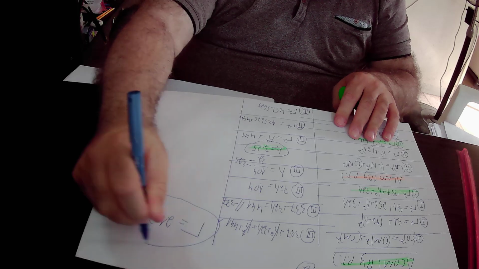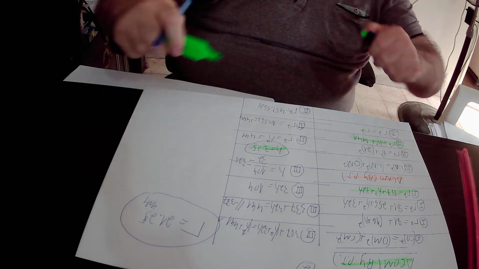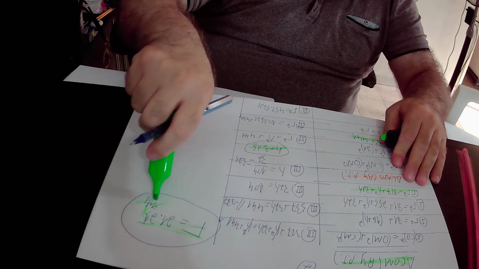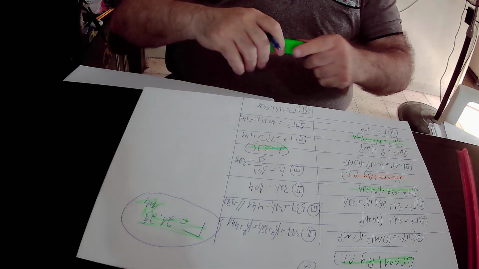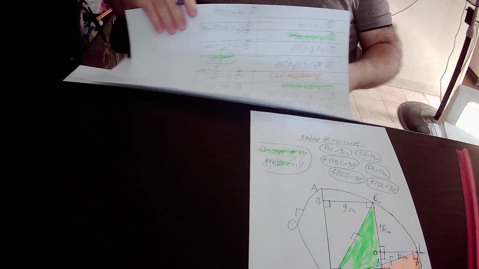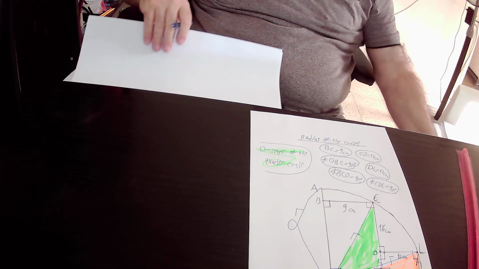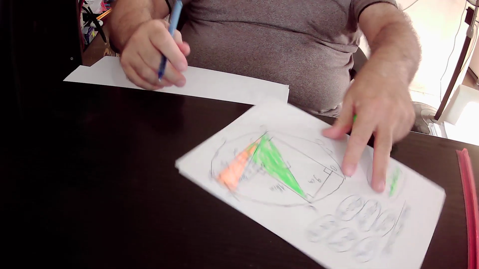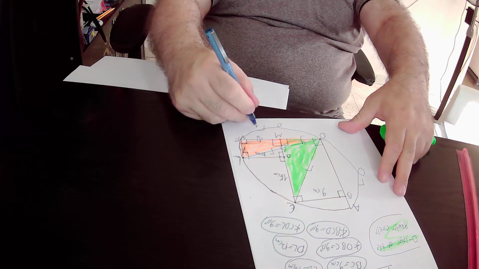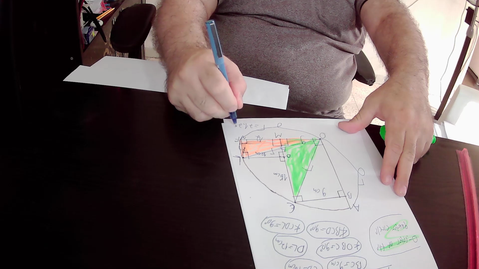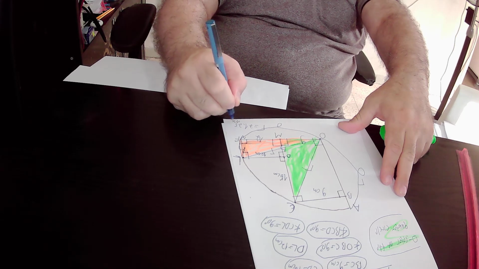Okay, actually we found out that the radius of the quarter circle equals 21.25 units.